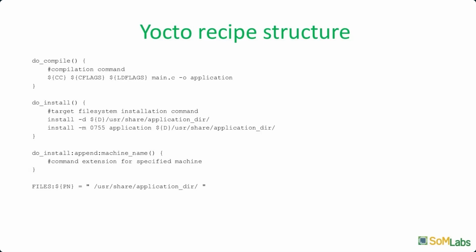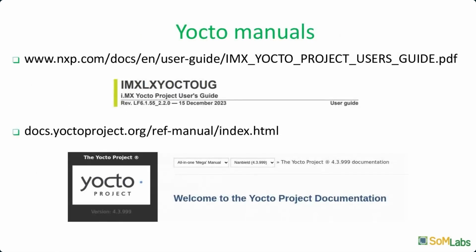So this is how the general recipe looks like. You can find similar variables and procedures in each and every BB file. So when you learn one of them, it's easier to get familiar with other software packages.